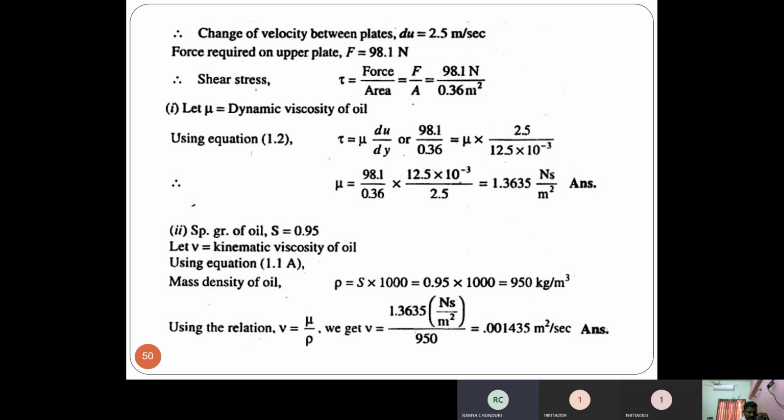We know the relationship between viscosity, shear stress, and shear strain. We know the relationship between viscosity, kinematic viscosity, and density. We know the relationship between density and specific gravity. By using all these expressions, we can determine any other required data by using the given data in the problem.